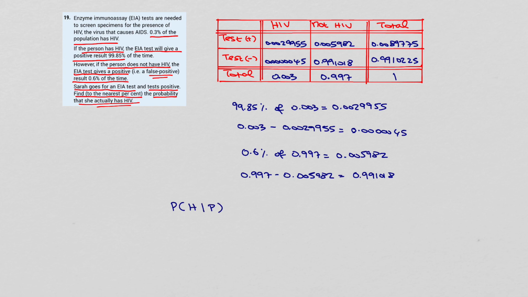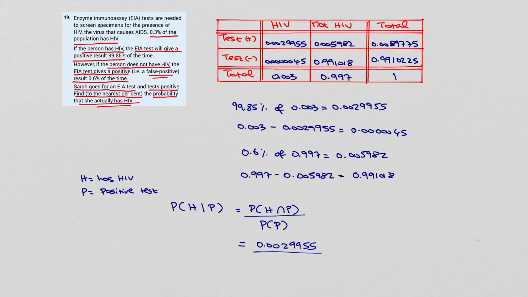So if I say H is that she has HIV, and P is a positive test, I need to find the probability that she has HIV and tests positive over the probability that she tests positive. So has HIV and tests positive is 0.0029955 over the probability that she tests positive.